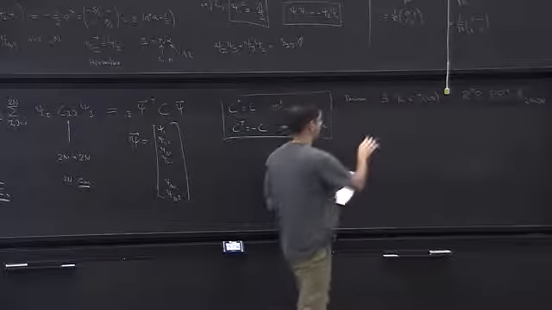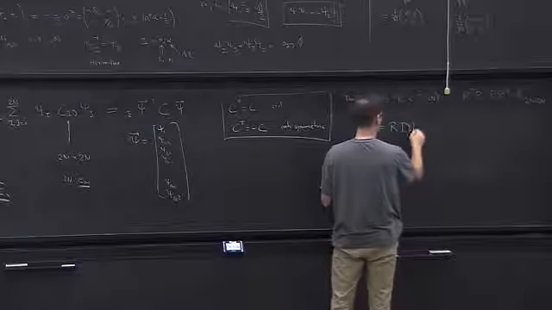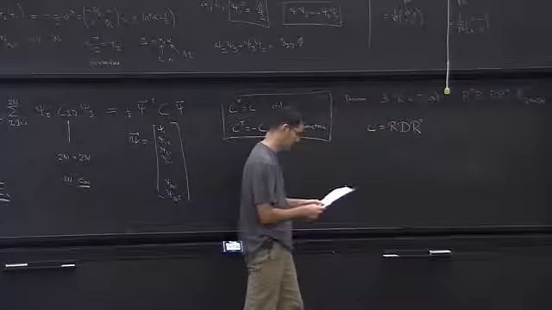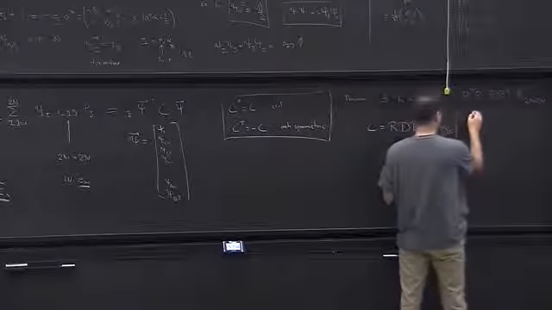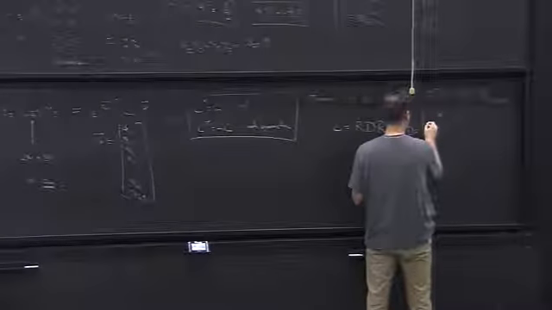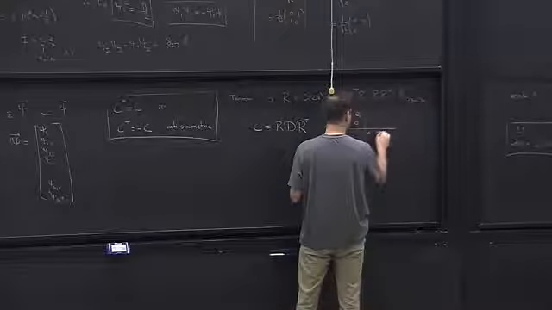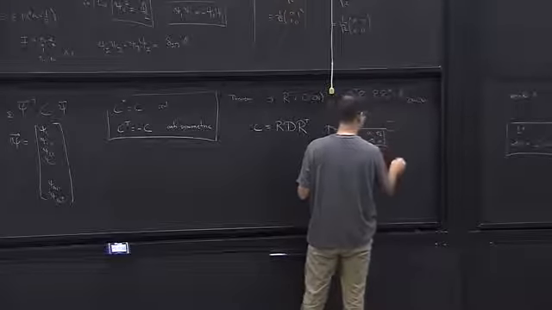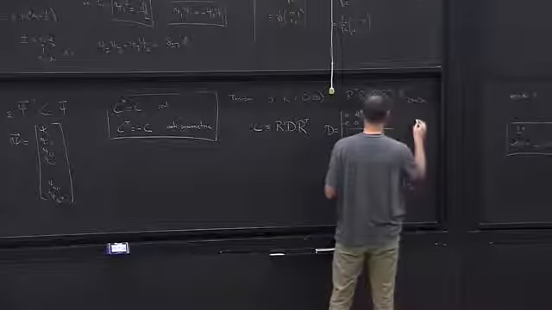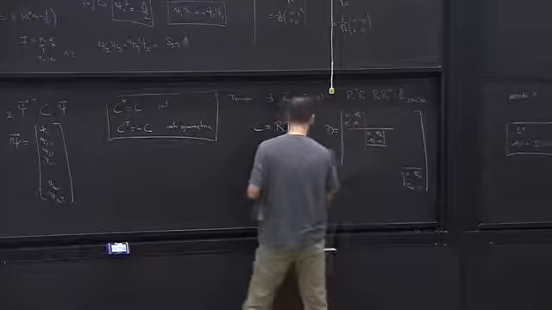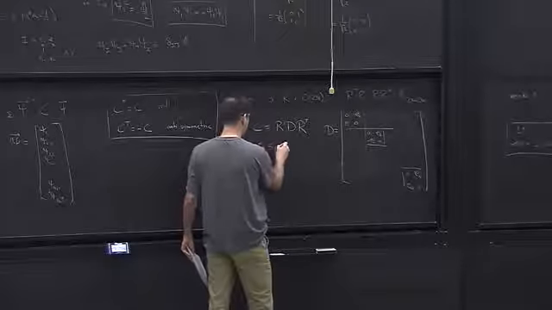So there is a theorem that says that there exists R such that C can be written as R D R transpose, where D is diagonal block-wise, so it's going to be a matrix of the form: epsilon E1 minus E1, 0 E2 minus E2, and finally En minus En, where we're going to take the convention that all these E's are non-negative, and E1 is the smallest of them in absolute value.